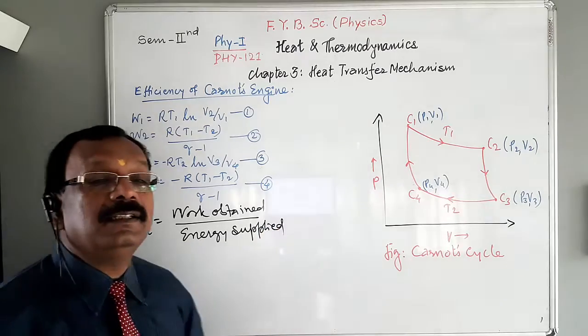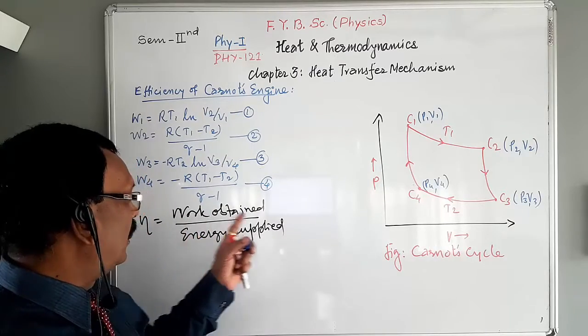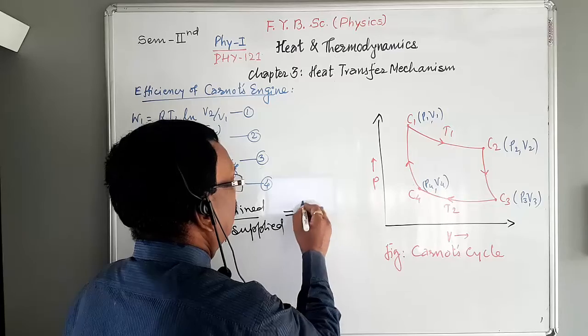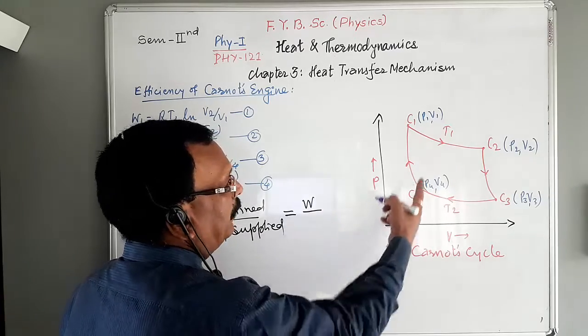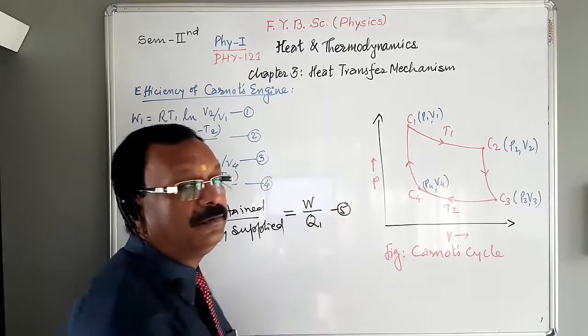Or we can say that efficiency of Carnot heat engine is defined as the ratio of work obtained to energy supplied. Work obtained W and energy supplied is Q1. Suppose this is equation 5.